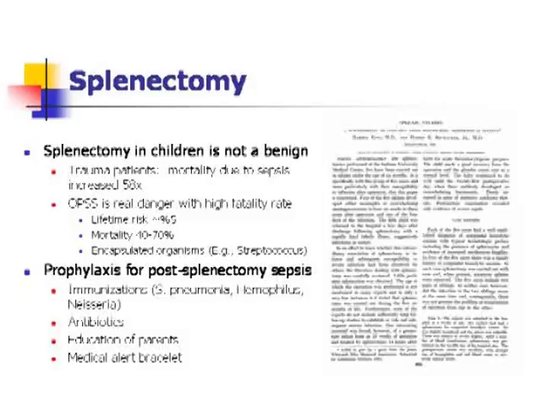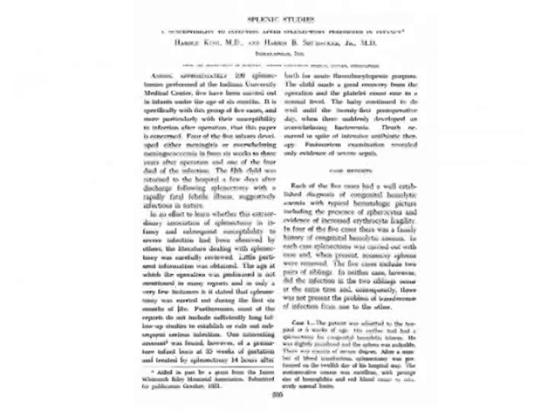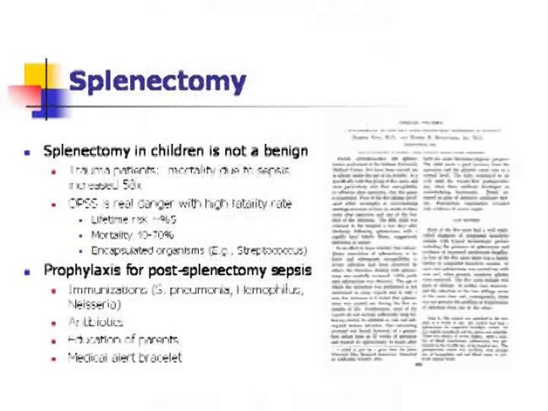The original description was from a paper by Schumacher, I think in 1956. They recognized, in a series of kids who had splenectomies for hemolytic anemia, that all these kids died of sepsis. Since then there has been a lot of research on overwhelming post-splenectomy sepsis.